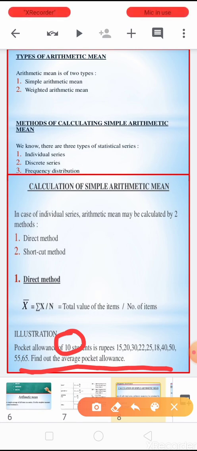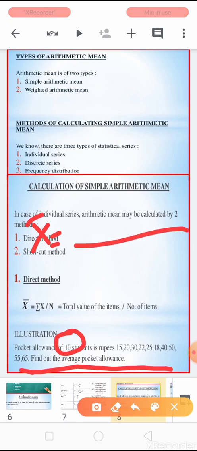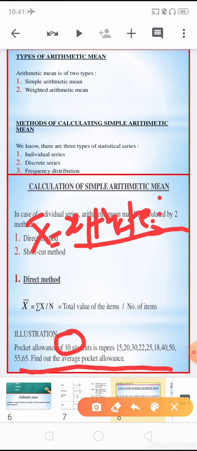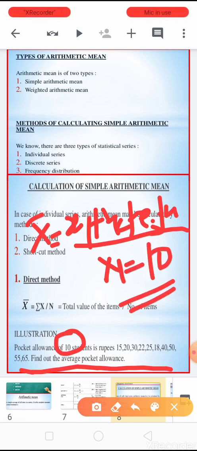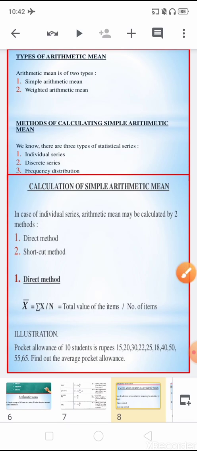So children, to find it, we apply the formula: arithmetic mean equals x1 plus x2 plus x3 plus x4 and so on. In total we add all the respective pocket allowances of all 10 students, and then divide by n, which is 10. In this way we can calculate the arithmetic mean.